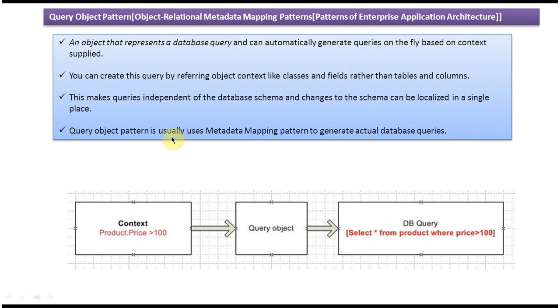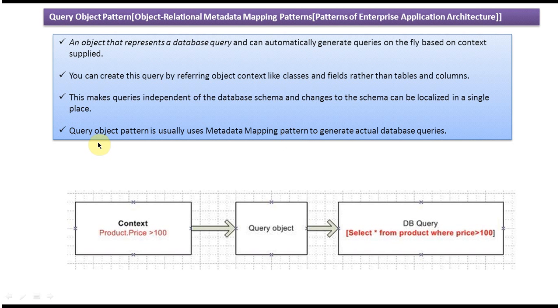And the query object pattern usually uses the metadata mapping pattern to generate actual database queries. So what is this metadata mapping pattern? I have created a separate video. Please log into my channel and watch the metadata mapping pattern so that you will understand this sentence.